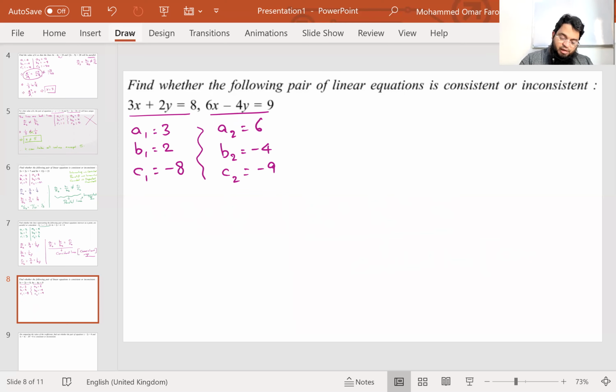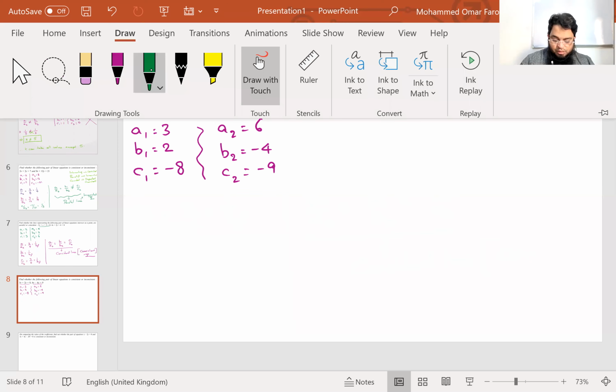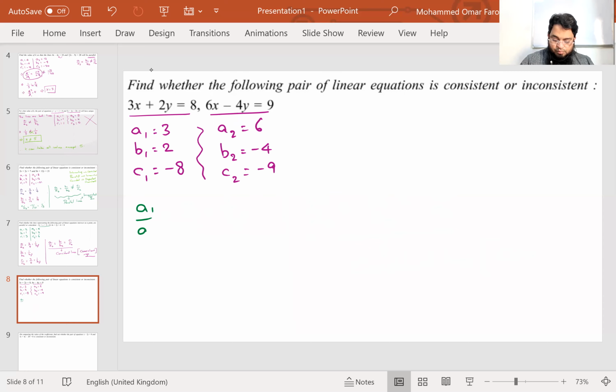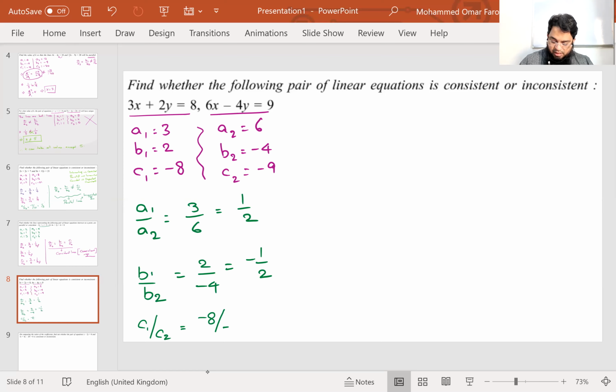Now let us find out the ratios. a1 by a2 equals 3 by 6 equals 1 by 2. And b1 by b2 is equal to 2 by minus 4, that is equal to minus 1 by 2. And the ratio of constants is minus 8 divided by minus 9, so it will be 8 by 9.